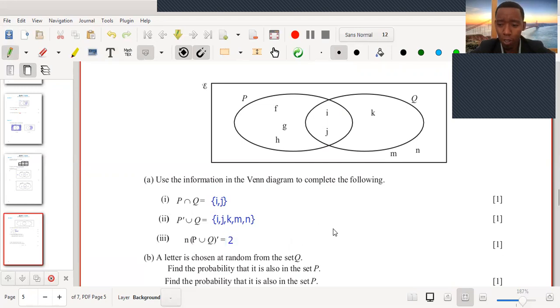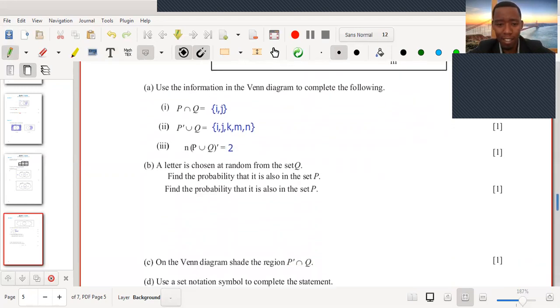Let's continue. The next one says a letter is chosen at random from the set Q. Find the probability that it is also in the set P. Actually, this question is very easy.